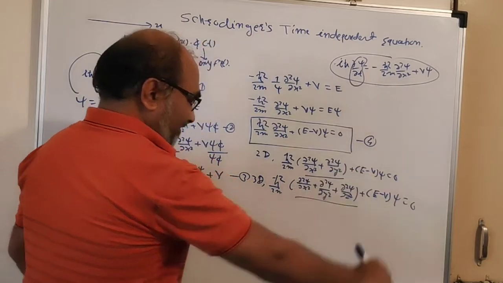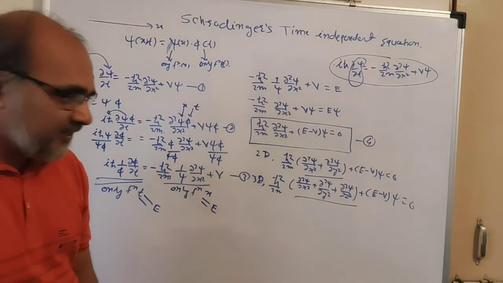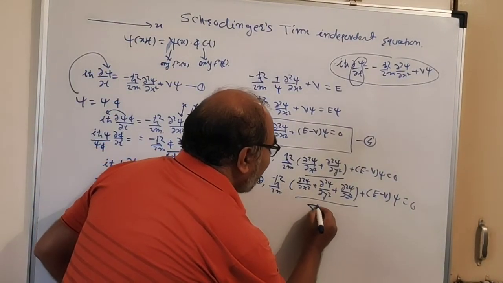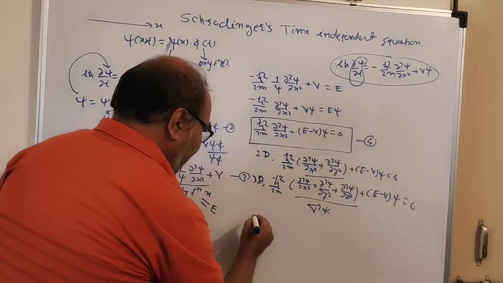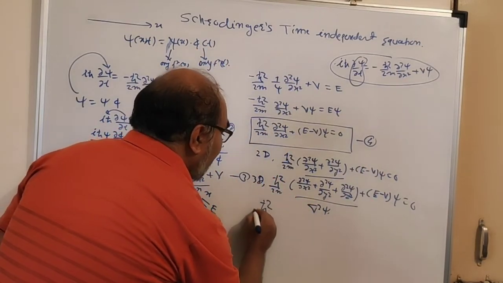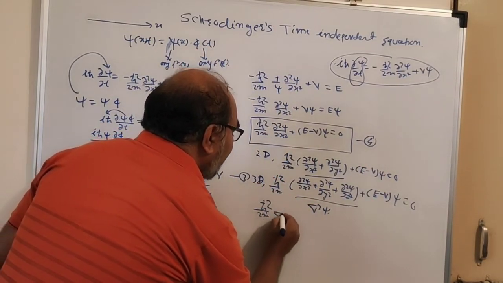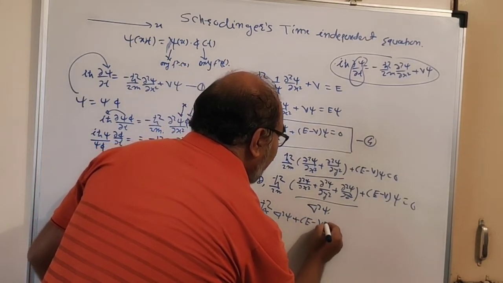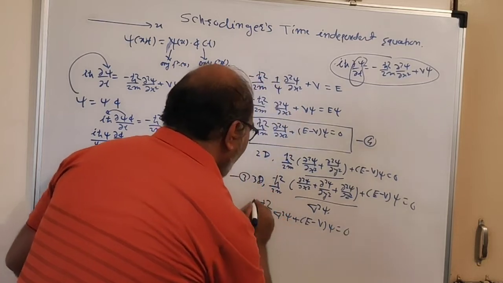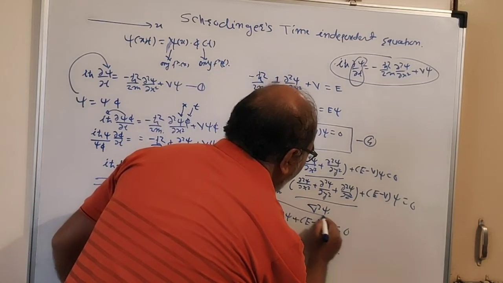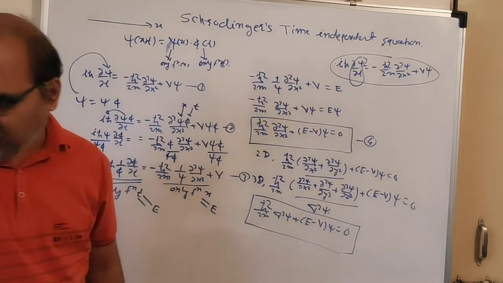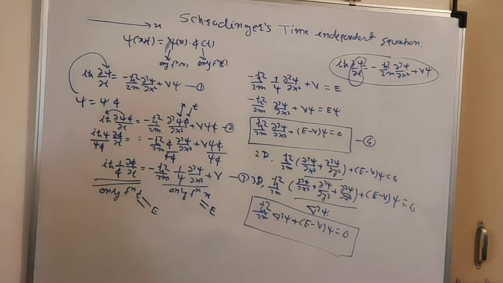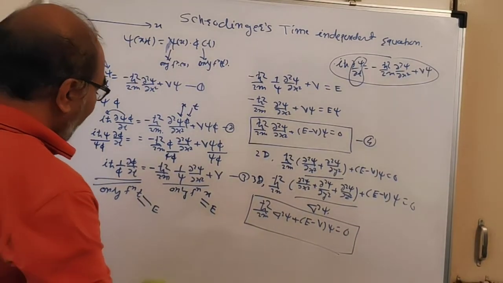What is this? This is the del square, and therefore h bar square upon 2m del square psi plus (E minus V) psi is equal to 0. So this is the three-dimensional equation.